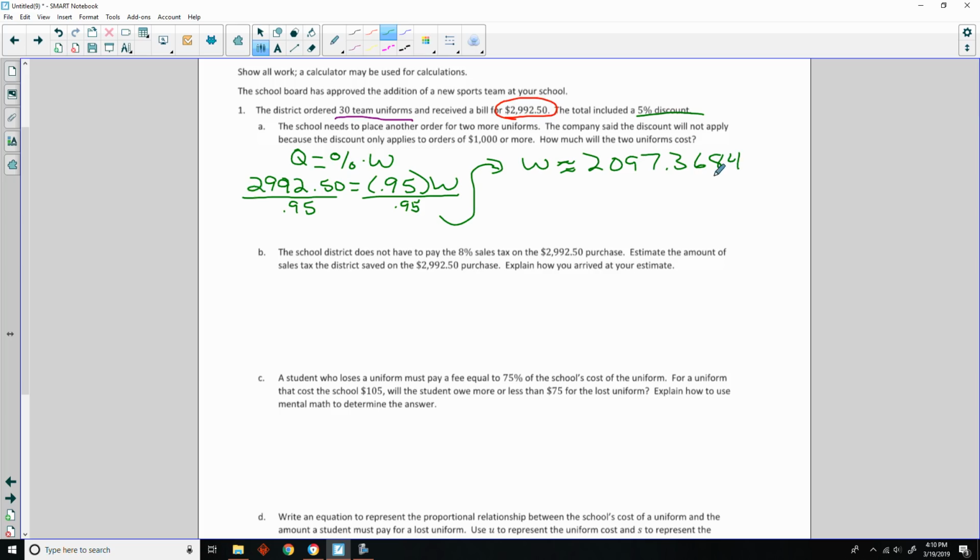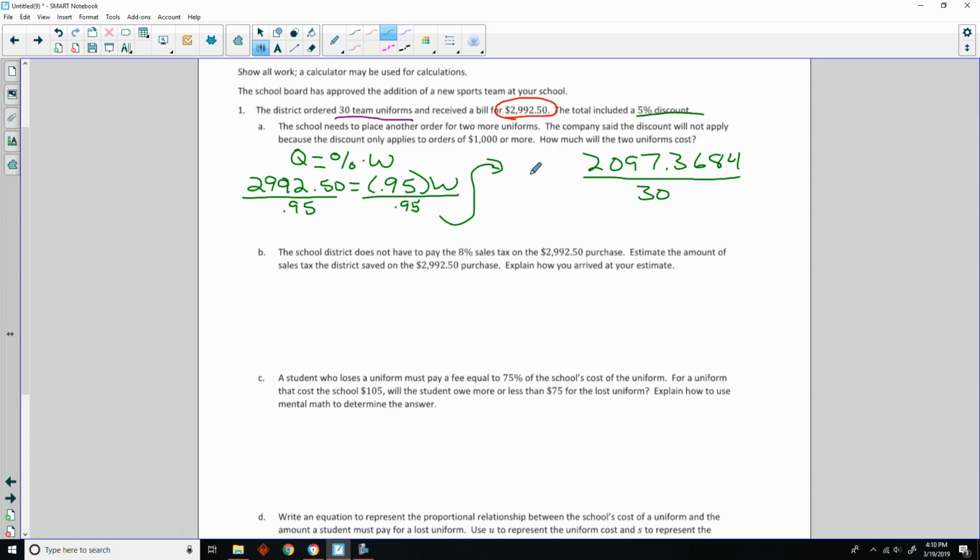So we found the total bill, but now we need to divide this by 30, and that will be one uniform. Okay, so one uniform, so that's not the whole anymore. So I'll just erase that to save time.